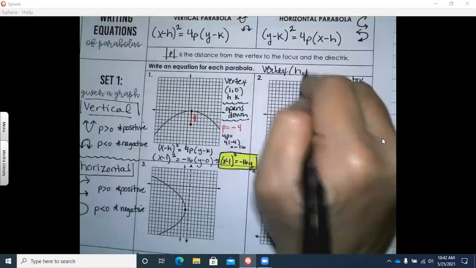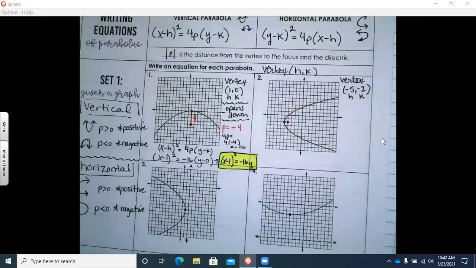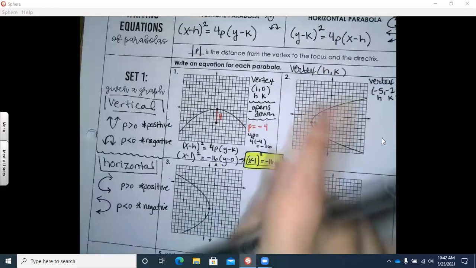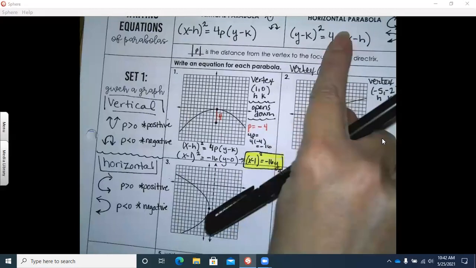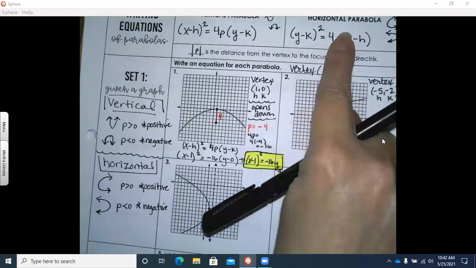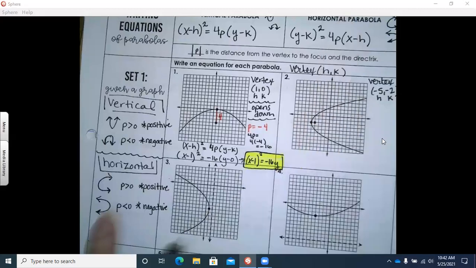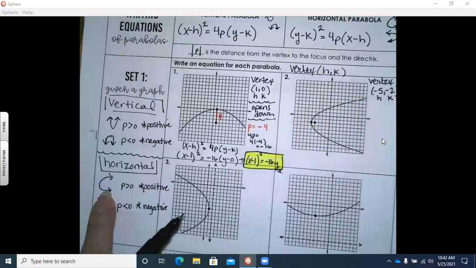We know vertex is at h, k. Should be ingrained in our brain by now. We also know that this parabola is opening towards the right. So we will be using the formula for horizontal parabolas. And for parabolas that open to the right, your p is greater than 0. So our p is going to be positive.